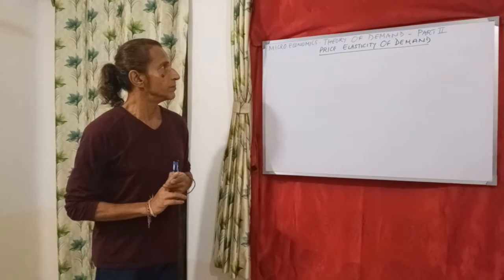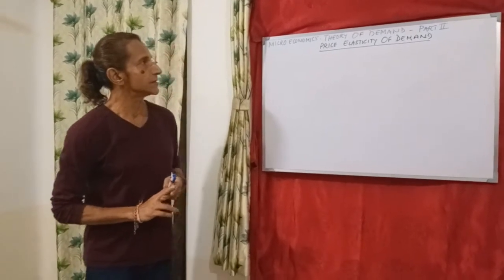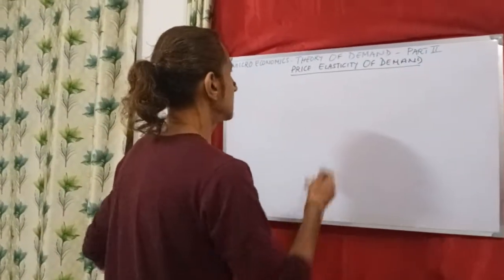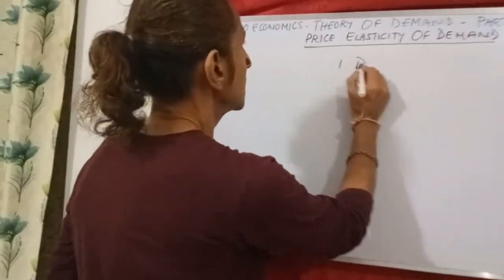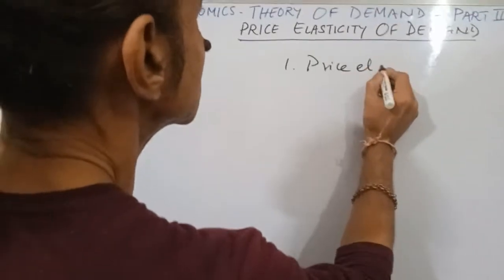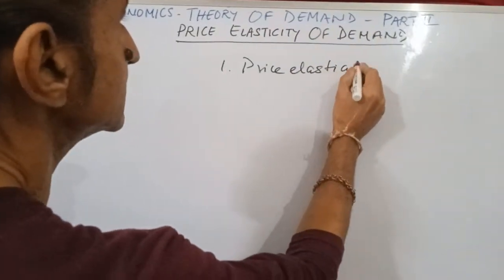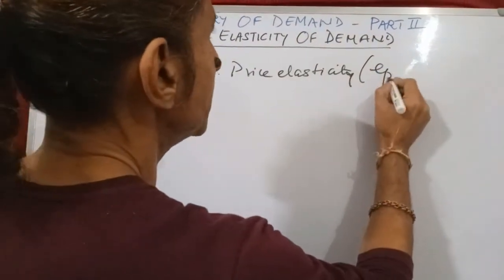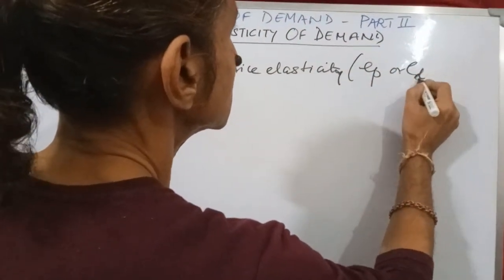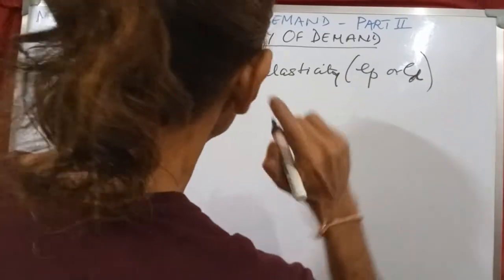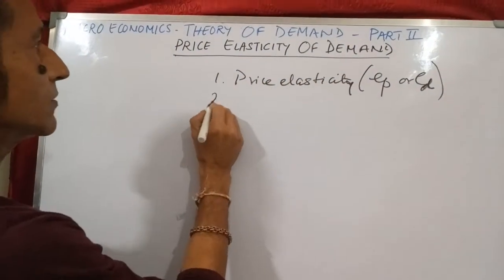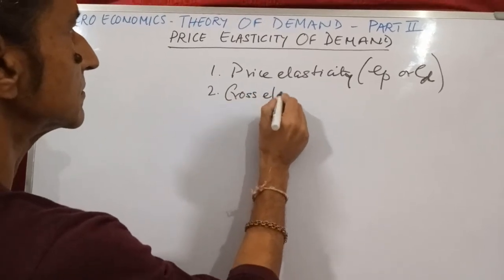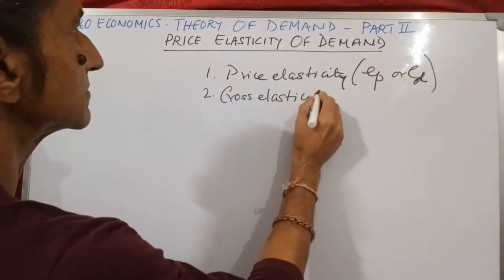Now, elasticity of demand can be of a number of types. Number 1, price elasticity. You can write EP or ED, both are accepted. Number 2, cross elasticity.